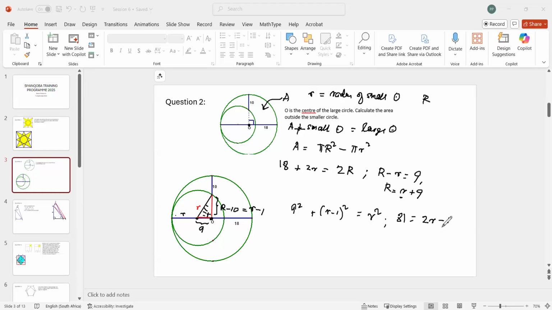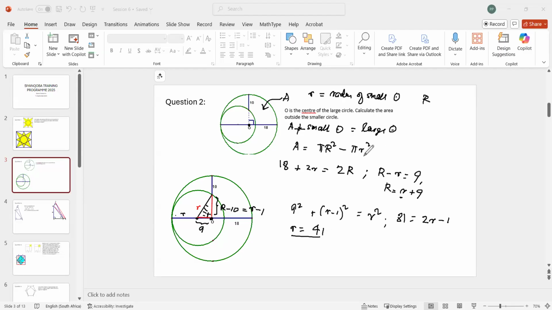I did that quickly, but it's easy to come to that. You don't have a square term here because the square terms disappear, and you've got 81 equals this. Bring 81 to the other side, you've got 82. 2r is equal to 82, and small r is 41. Small r is 41. And there you have it.